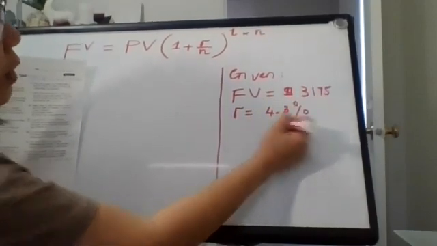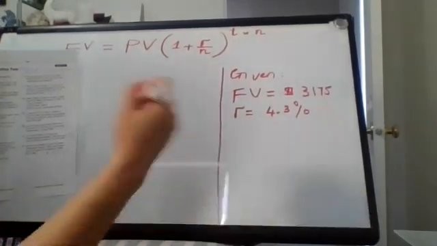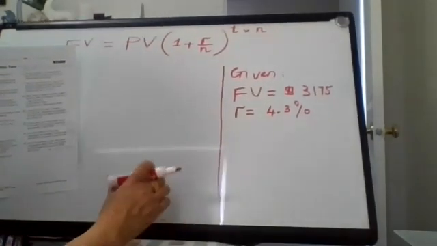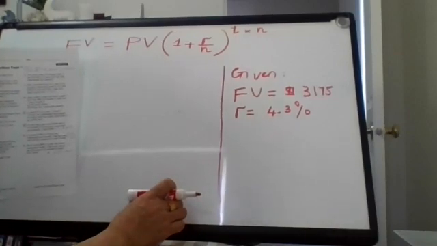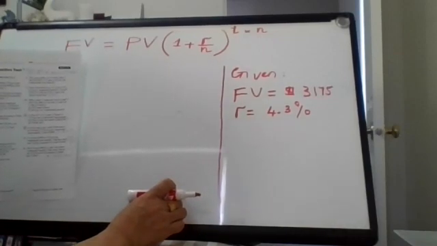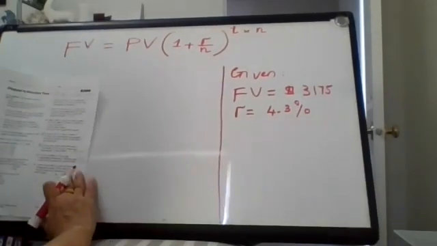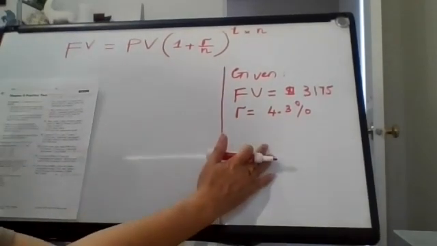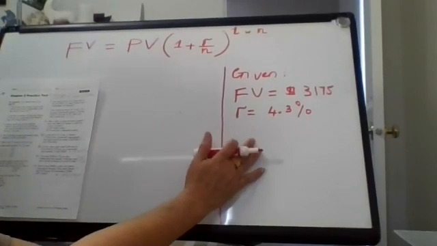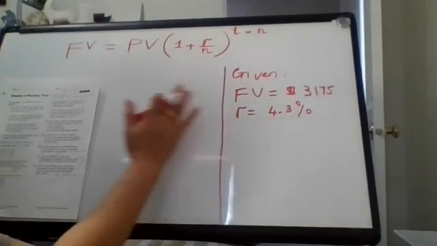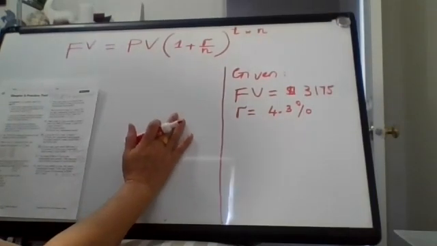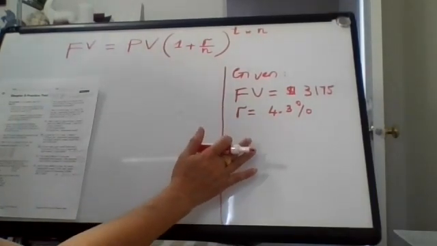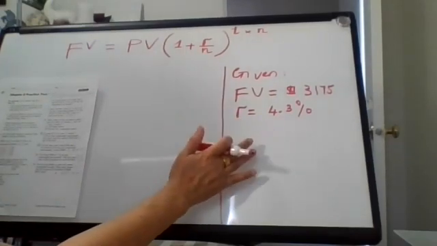Now, when you write down like this, it reminds you that each question has different data given. They're not the same, right? That's why I ask you all the time, a million times, always write down the data given, and especially in this kind of financial problem solving, this data is so important. You've got to write it down.